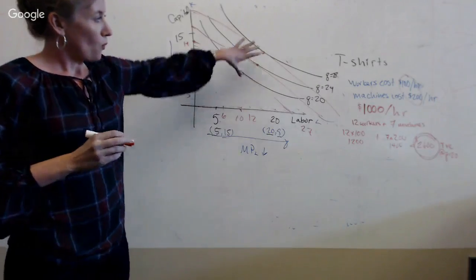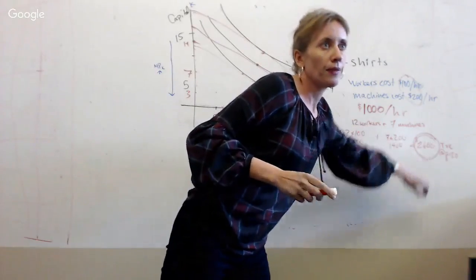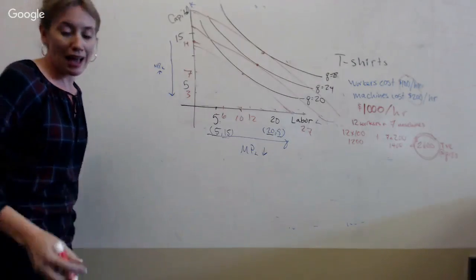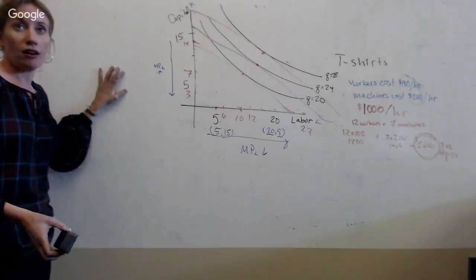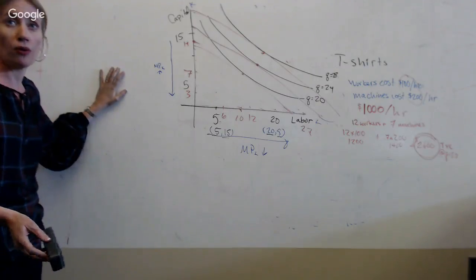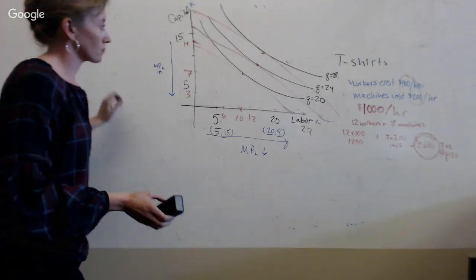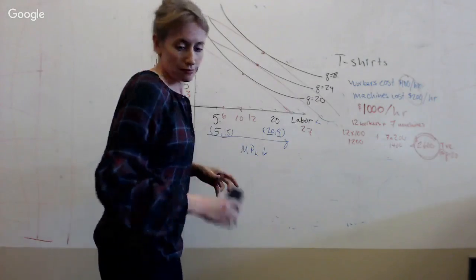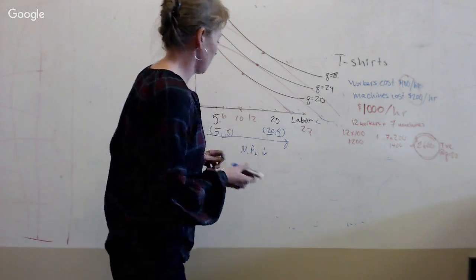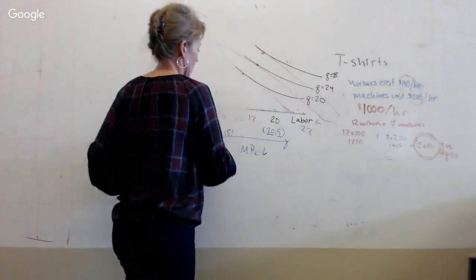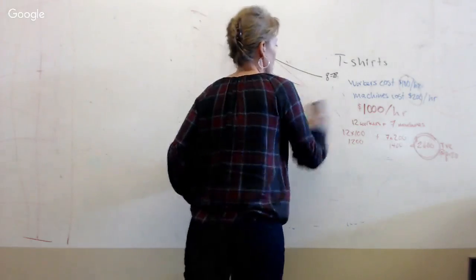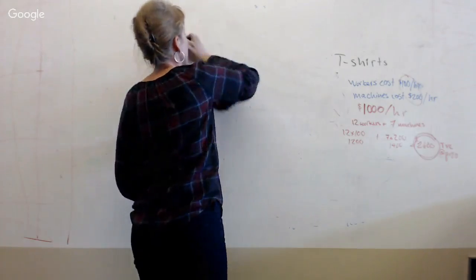So we take these numbers and we can move to constructing our total variable cost curve. I'm going to draw that here. We'll move on from this, but we'll remember how we did it.